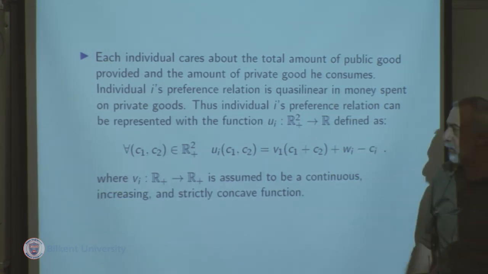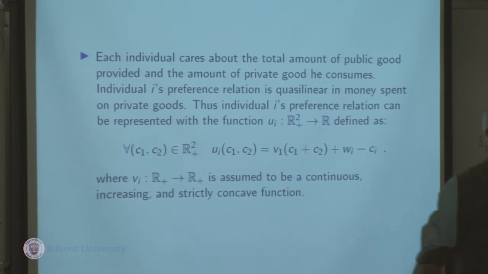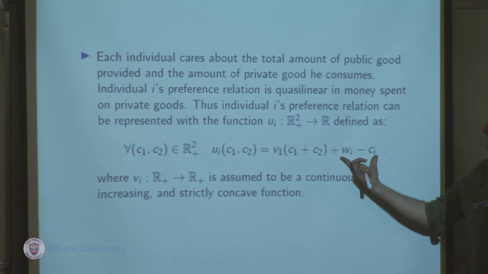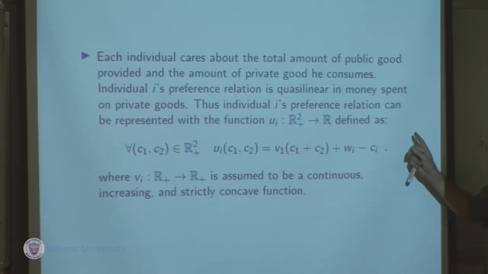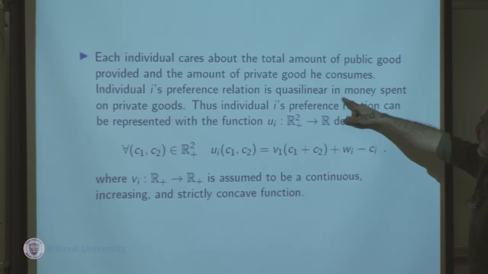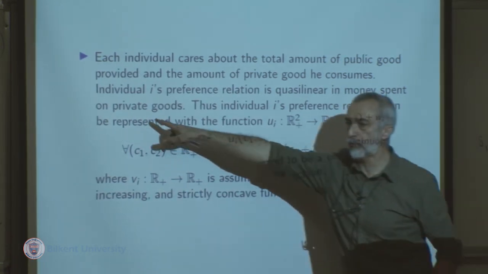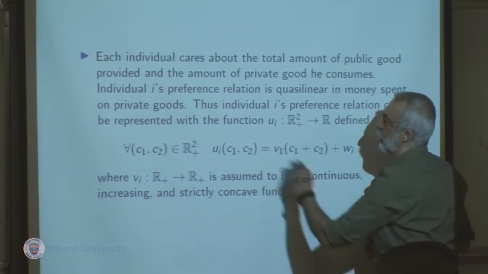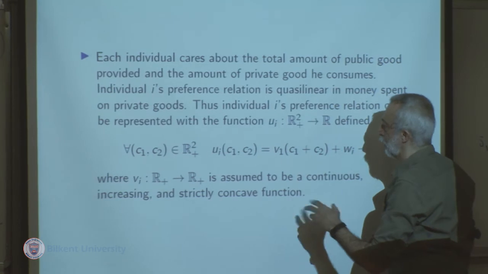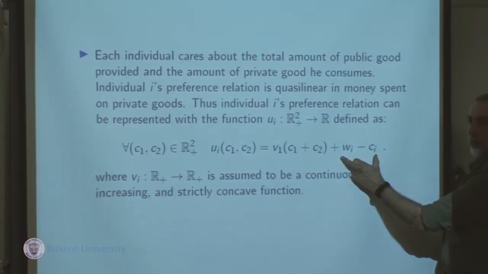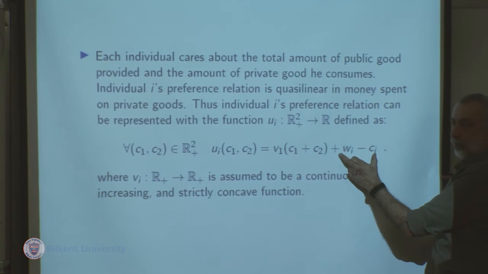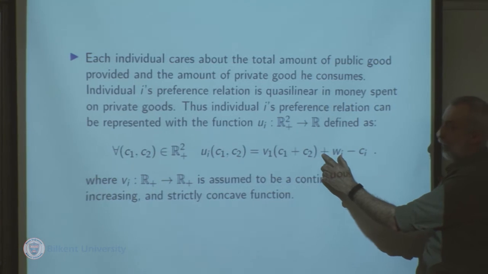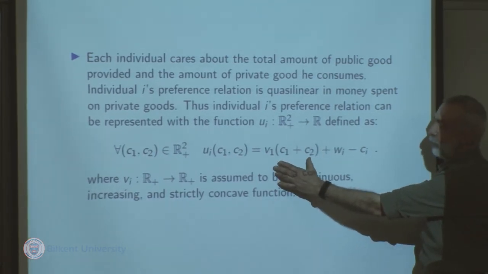Anyway, what it means is that the numerical representation of the preference relation of agent 1 can be written as the money spent on private good plus a function of the public good.